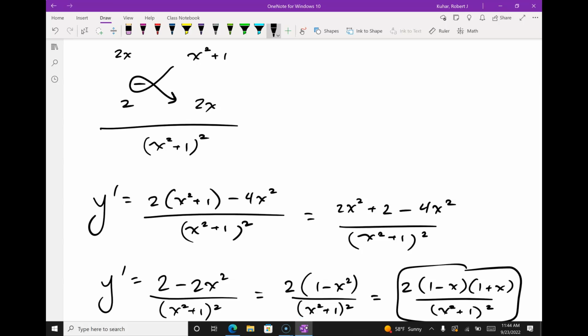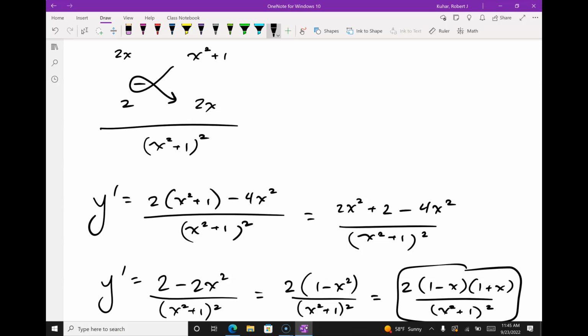When is this factor 0? x is 1. When is this factor 0? x is minus 1. When is this factor 0? Never. So I'm going to see two places where I have horizontal tangents, and no place where I have a vertical tangent. When my numerator is 0, I'll have horizontal tangents. When the denominator is 0, I'll have vertical tangents.